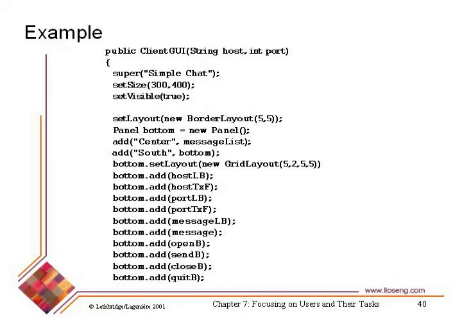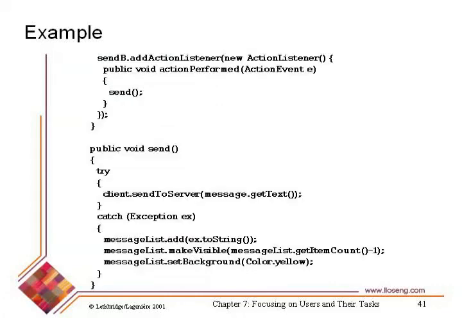On the next page, we have the constructor of a client graphical user interface for simple chat, which is basically putting, the previous slide was declaring the variables, and this slide we're putting a bunch of things together. So we're adding some of these components to their containers, mostly. That's what's going on here. And then on slide 41, we continue with the code. We have a thing called an action listener.